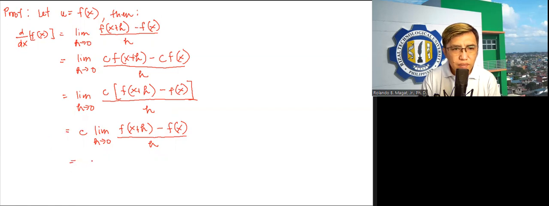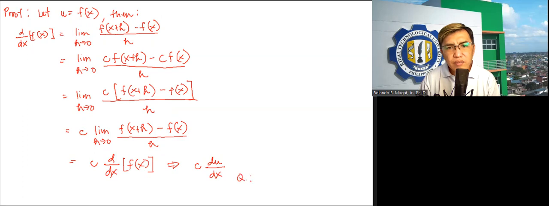What I will have is c times d over dx of f of x. And we know that f of x is equal to u, so what I have is c times du over dx. And we're able to show that it holds.